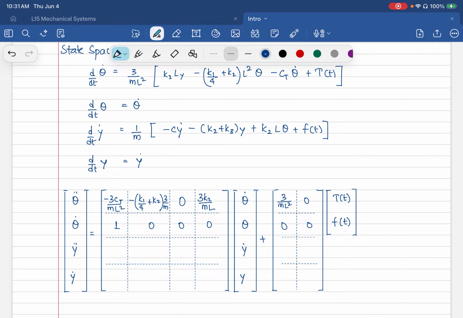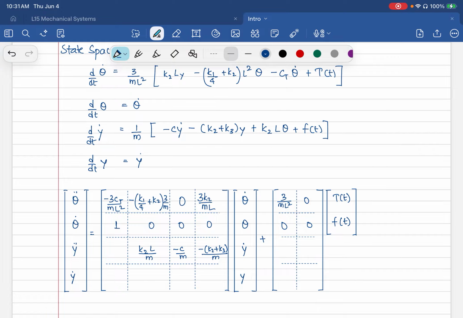Y double dot is equal to, in terms of y dot, it is minus c by m. So minus c by m. In terms of y, you have minus k2 plus k3 over m. In terms of theta, you have k2l by m.